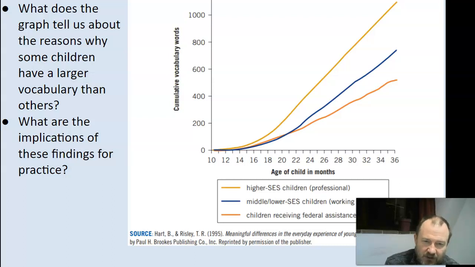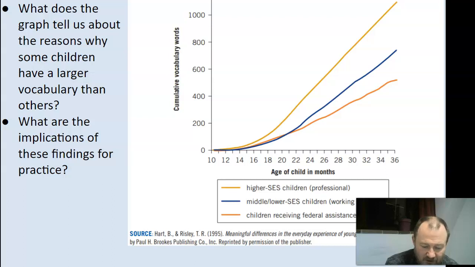And it's quite shocking that by the age of about 34 months, children from wealthy backgrounds have over double the vocabulary of children on benefits, and quite significantly more than those from working class backgrounds. So the implication of these findings for practice is that the quality of interaction does matter. The exposure to the language does matter.